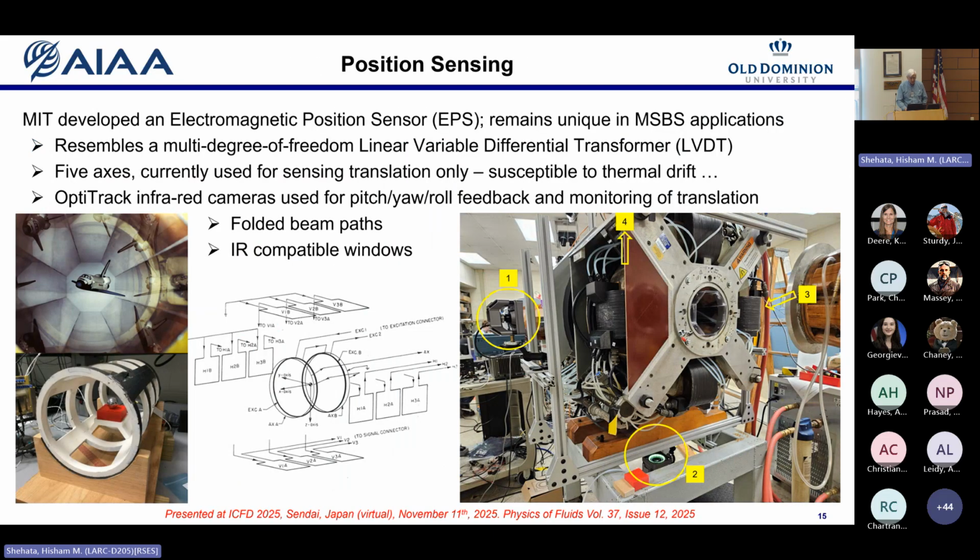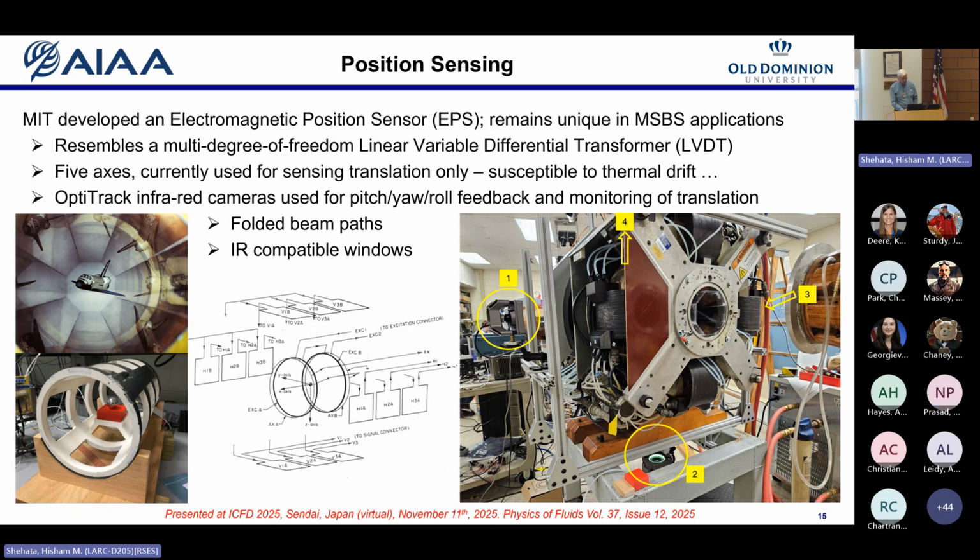The position of the model has to be sensed at all times because this is open loop unstable. So MIT had a still unique electromagnetic sensor that's like a multi-axis variable differential transformer. All the electronics for that have been changed at least twice over the years, and it's still working reasonably well.